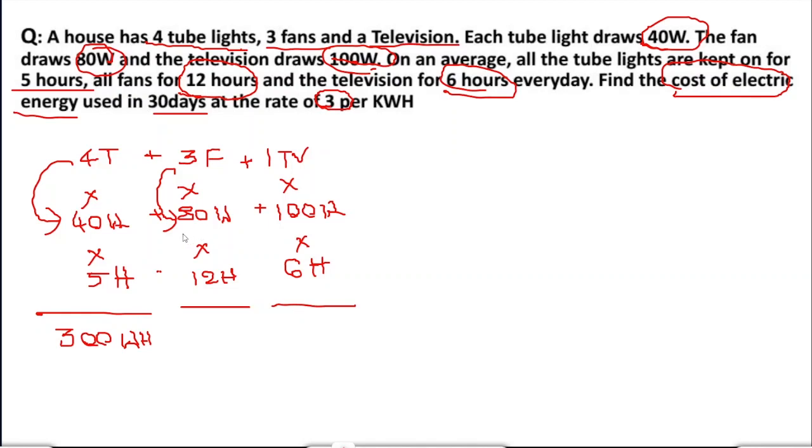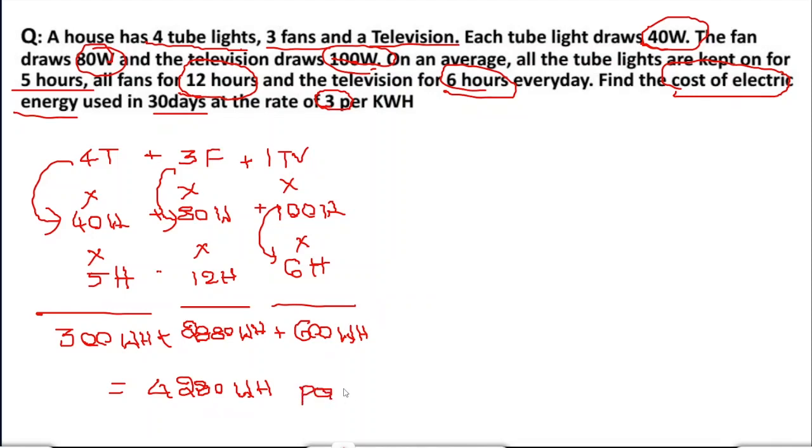If you multiply 240 into 12, then you will get 2880 watt hours. And then here 100 into 6, it is simply 600 watt hours, right? If you add all these values, then you will get a total of 4280 watt hours of power consumption per 1 day.